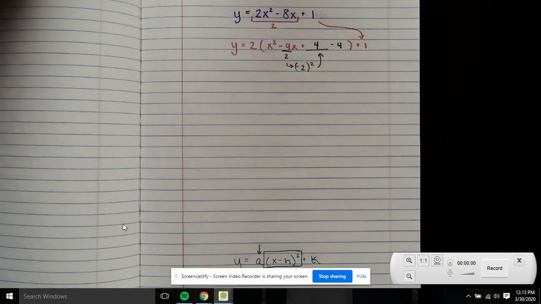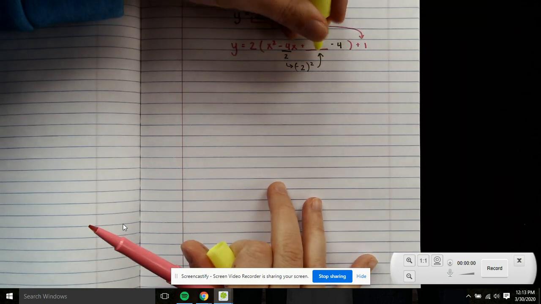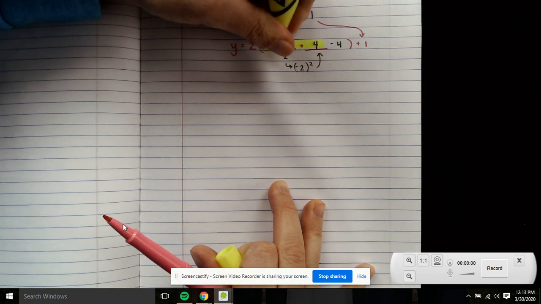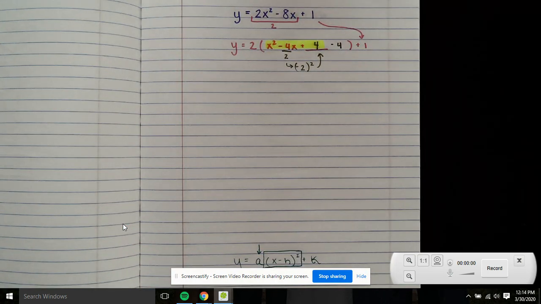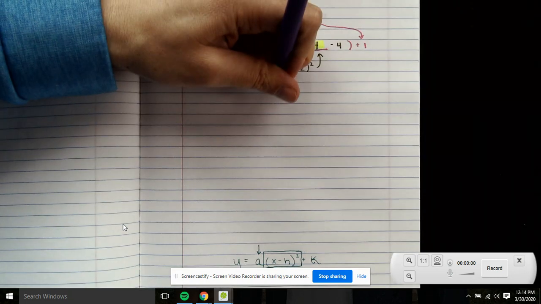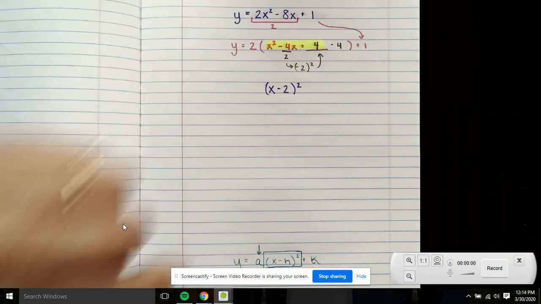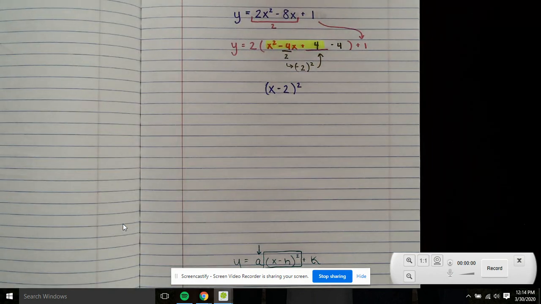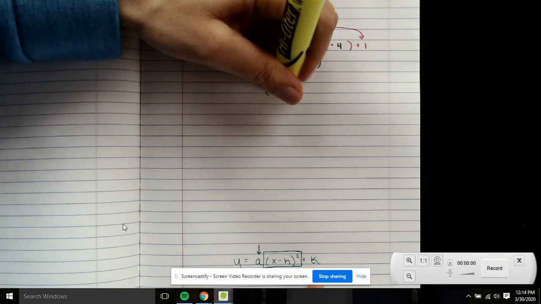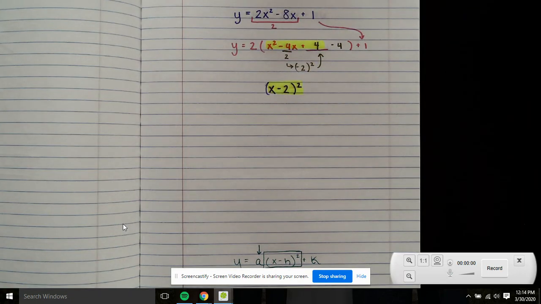So now in here, this is my perfect square trinomial: x squared minus 4x plus 4. Now that is equal to (x minus 2) squared.